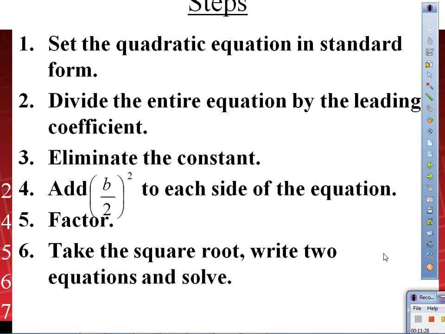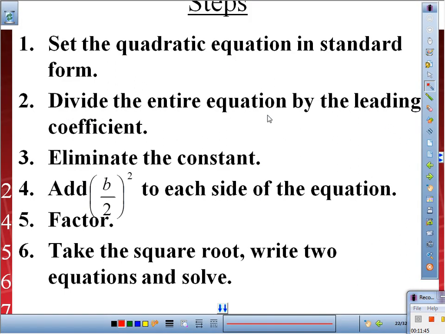Now, as you were copying these steps, some of you maybe didn't read them, you were just writing them down. But let me read them, and each step should now make sense. Step 1 says, set the quadratic equation in standard form.